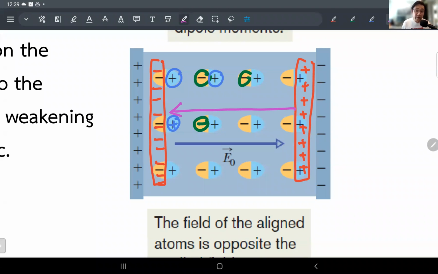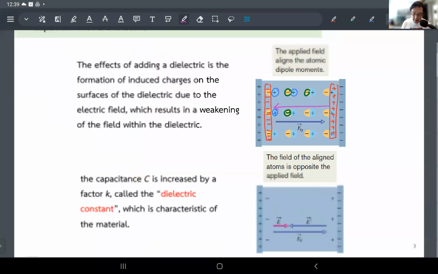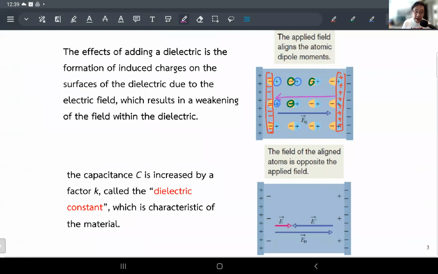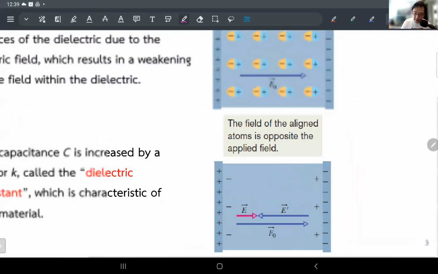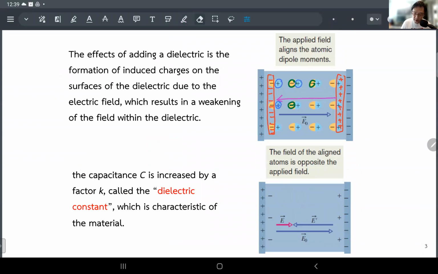The electric field that gets induced inside the dielectric material points in the opposite direction to the external field. That's a problem, in the sense that the net effect is you get some cancellation. Maybe I just drew this one too big. I don't want it to give the impression that you're going to cancel everything.